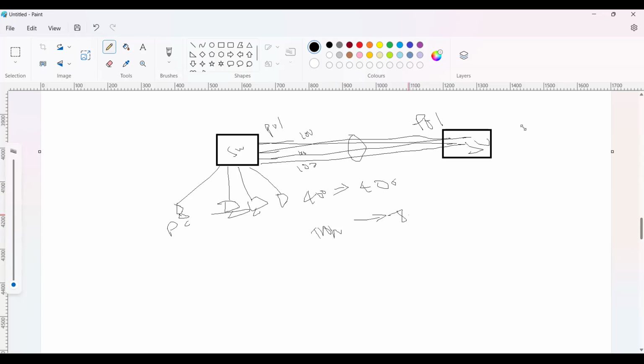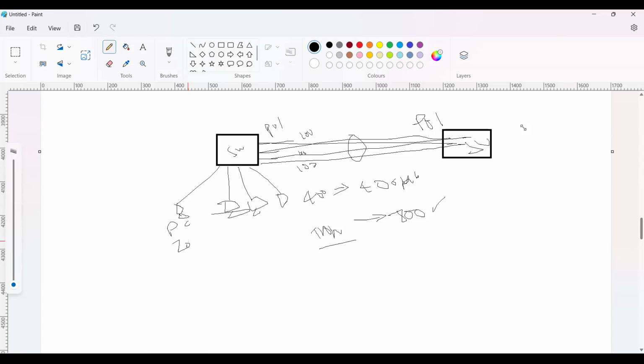We call it throughput. The 400 Mbps is the speed of this link, and the throughput we are getting is 800 Mbps. So this PC will receive a throughput of 200.